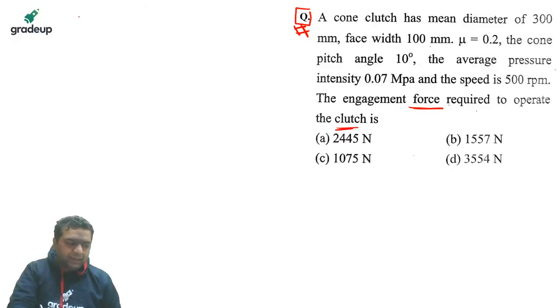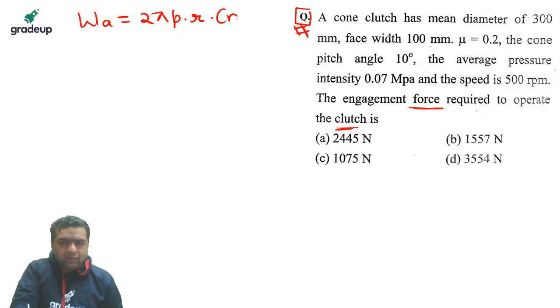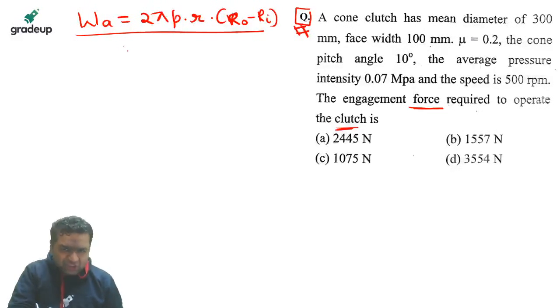When you will be using the uniform wear theory, axial load will be 2 pi P into R, into R1 minus R2, or R naught minus Ri. We have just seen this formula in the form of pressure.